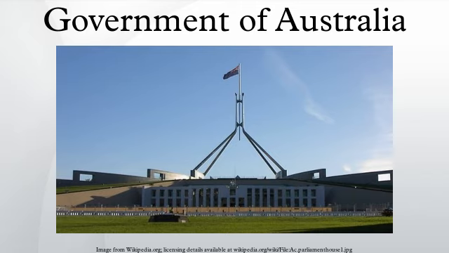Department of Prime Minister and Cabinet, Department of Agriculture, Fisheries and Forestry, Attorney General's Department, Department of Broadband, Communications and the Digital Economy, Department of Climate Change and Energy Efficiency, Department of Defence, Department of Education, Employment and Workplace Relations, Department of Families, Housing, Community Services and Indigenous Affairs, Department of Finance and Deregulation, Department of Foreign Affairs and Trade, Department of Health, Department of Human Services, Department of Immigration and Citizenship, Department of Innovation, Industry, Science and Research, Department of Infrastructure and Transport, Department of Regional Australia, Regional Development and Local Government, Department of Sustainability, Environment, Water, Population and Communities, Department of Veterans Affairs, the Treasury.